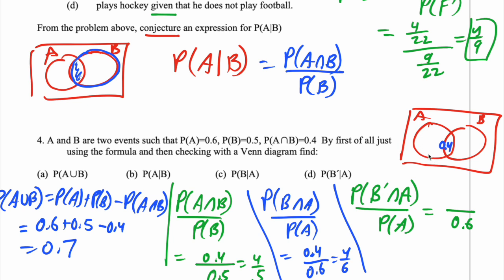Probability of A is 0.6, so that's 0.2. Probability of B is 0.5, so that's 0.1. That means there's 0.3 out here. This all adds up to 1, so this looks correct now. So not B and A are elements that are not in B and they're in A, so that's the 0.2. Okay, so that's 2/6 or 1/3, if you will.